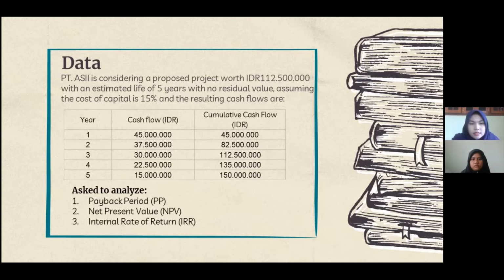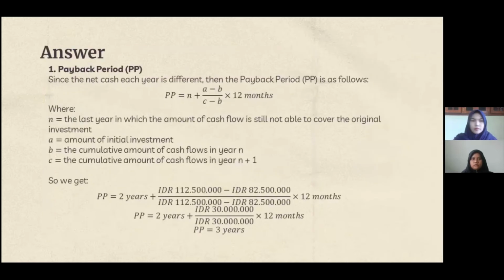So what we analyze is, first, payback period, second, net present value, and third, internal rate of return. And this is the analysis. First, payback period. Since the net cash each year is different, the payback period is calculated as follows.